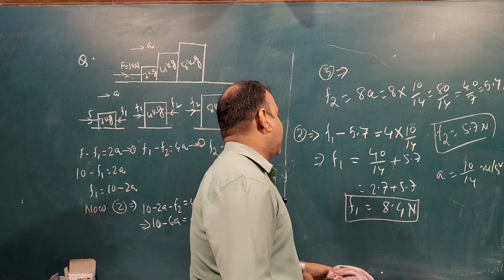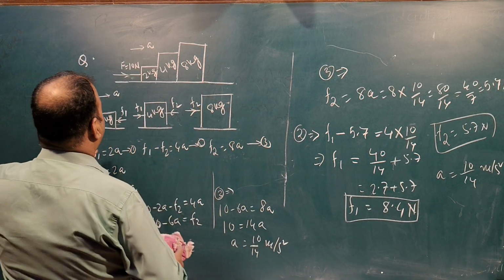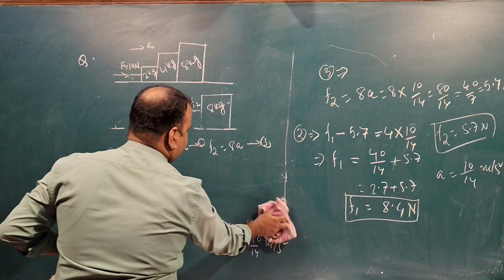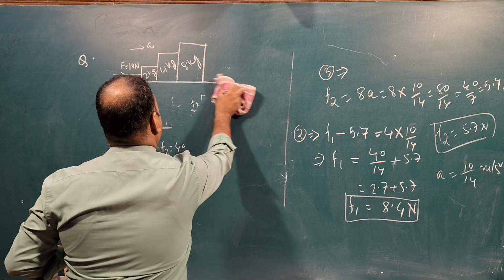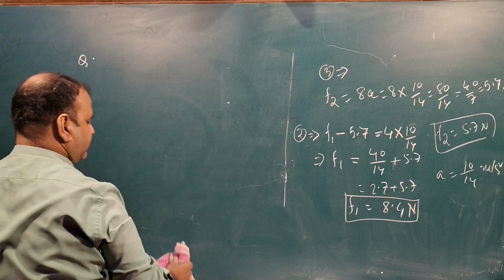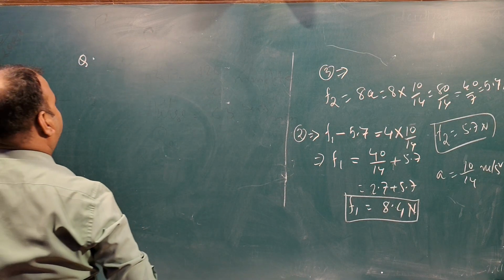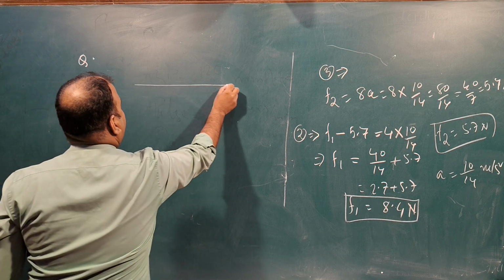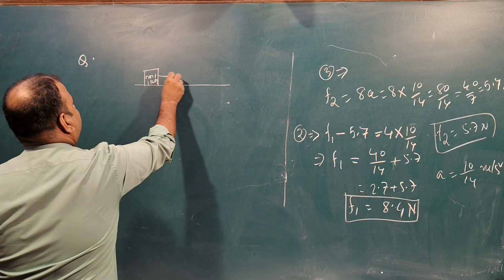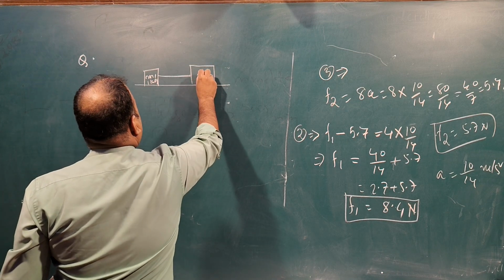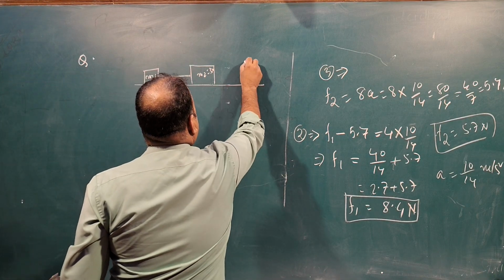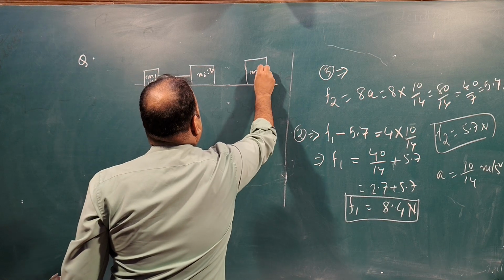Now you can see one more diagram I am showing you. In the earlier diagram the bodies are in contact, but in this diagram the bodies are connected. If you consider like this, here M1 is 1 kg I consider, M2 is equal to 3 kg, and M3 is equal to 6 kg.